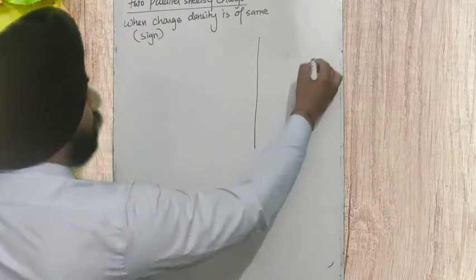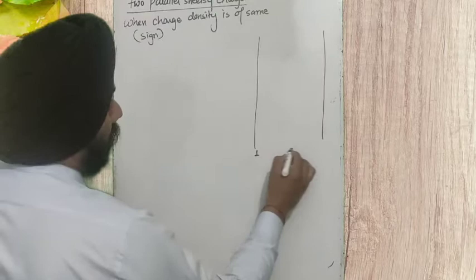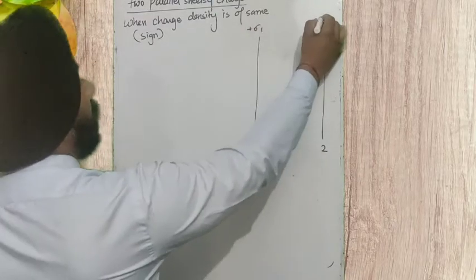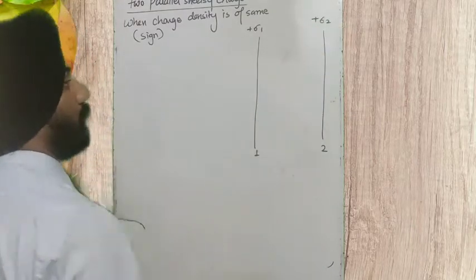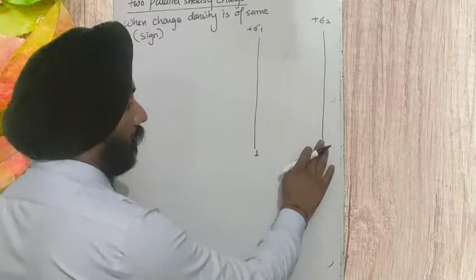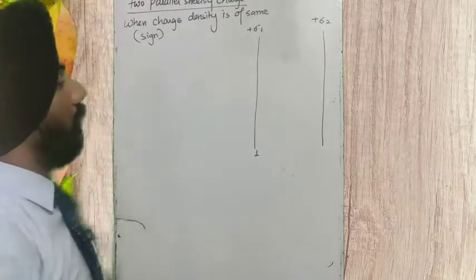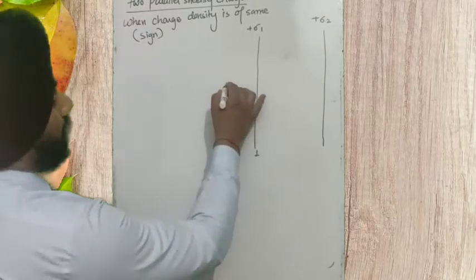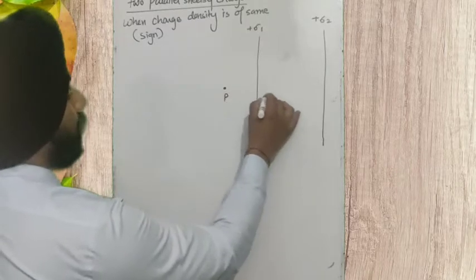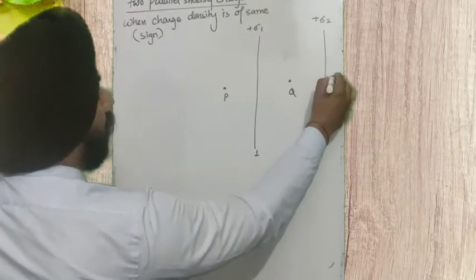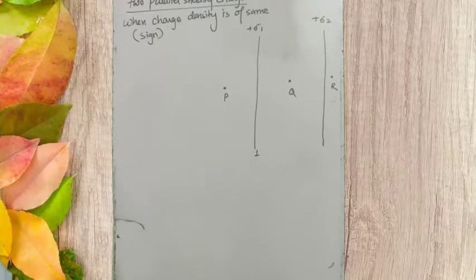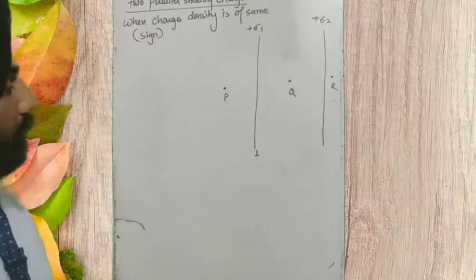So we have two sheets, sheet number 1 and sheet number 2, with sigma 1 and sigma 2. Both are carrying positive charge. Now we want to calculate the electric field intensity at point P, point Q and point R. They are different points placed at different positions.